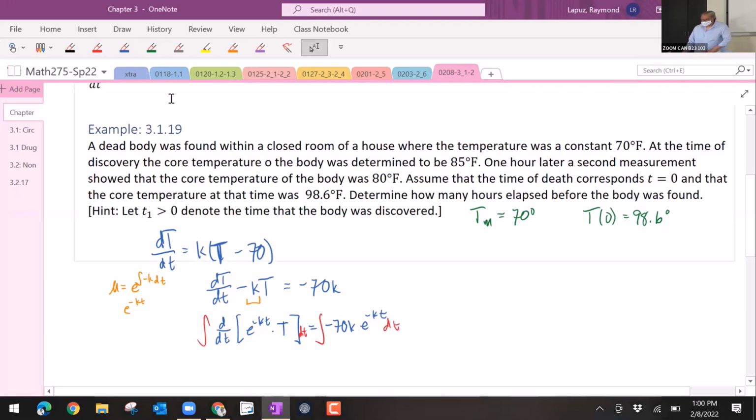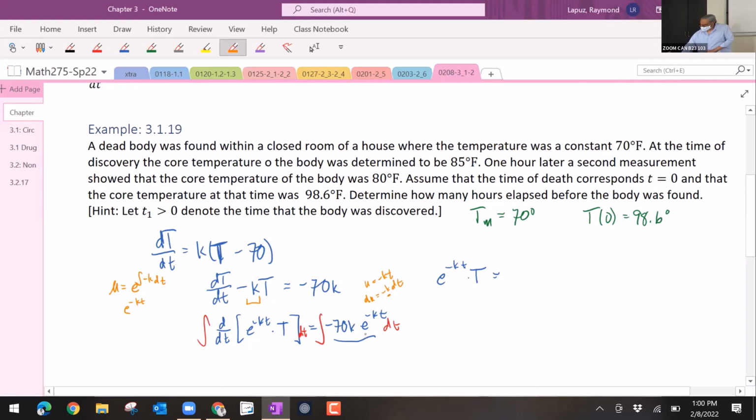And then we will get e to the negative kt times capital T is equal to, now the integral of this will generate a u substitution. We just do this off to the side. U is equal to negative kt. du is going to be negative k dt.